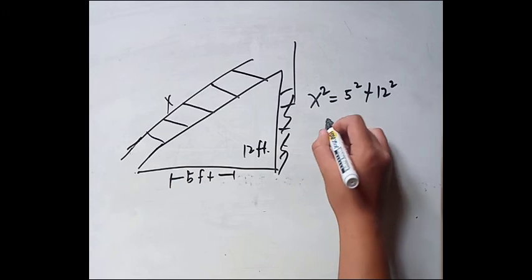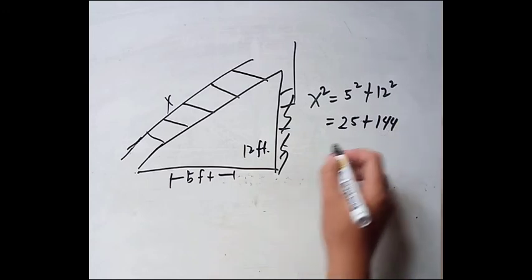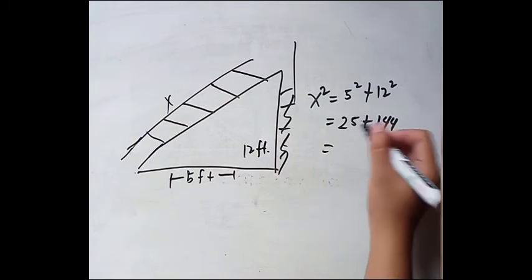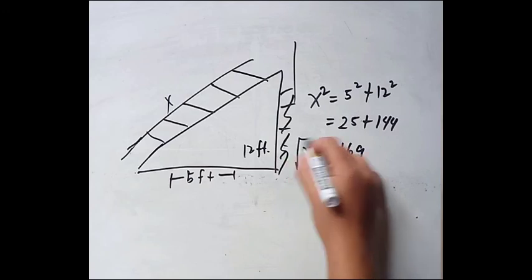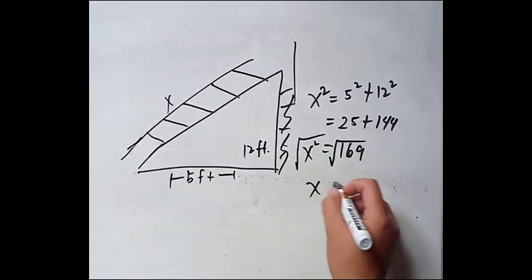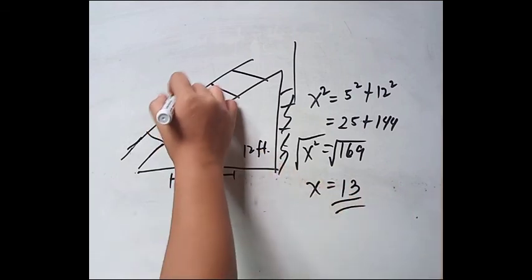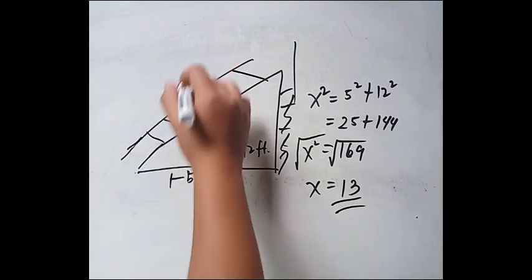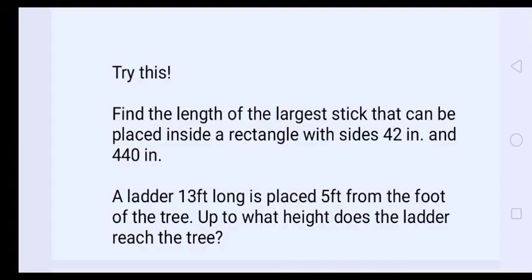So this is 25 plus 144, and 144 plus 25 is 169, and the square root of 169 is 13. So this is now our side x, or the hypotenuse. So that is 13 feet. You can also try these problems using the Pythagorean theorem.